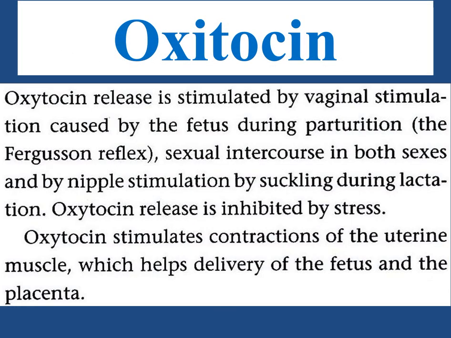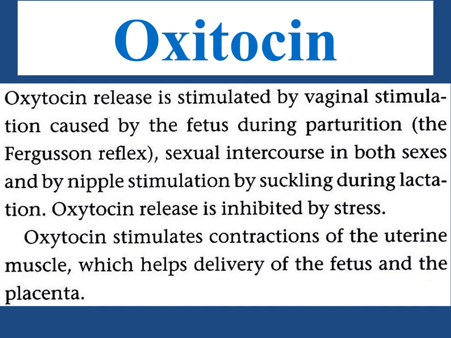Oxytocin release is stimulated by the vaginal stimulation caused by the fetus during parturition, sexual intercourse in both sexes, and by nipple stimulation by suckling during lactation. Oxytocin release is inhibited by stress.